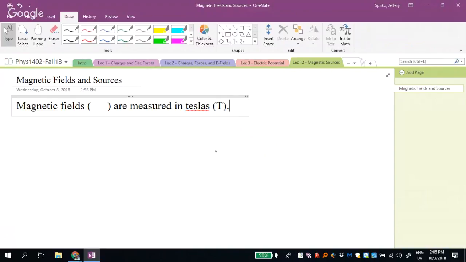So magnetic fields are symbolized with the capital B, and they are a vector. Actually, technically, they're a pseudovector, but the difference between regular vectors and pseudovectors is a little technical for our class. But they are a quantity. They have a direction, and they have a strength. And the strength is measured in Teslas, capital T's.